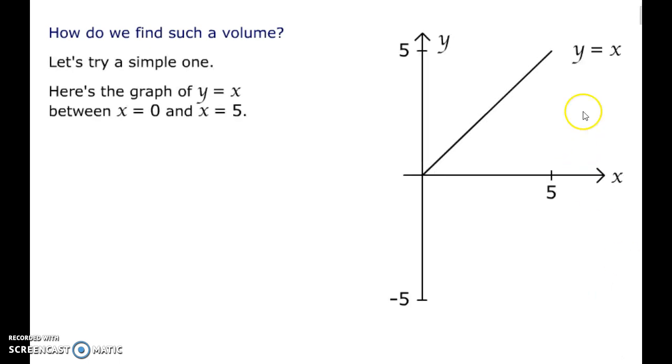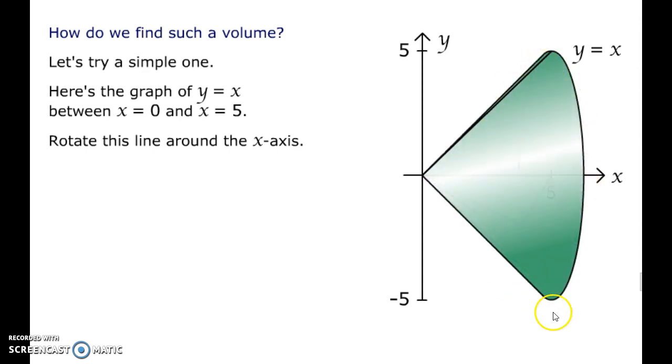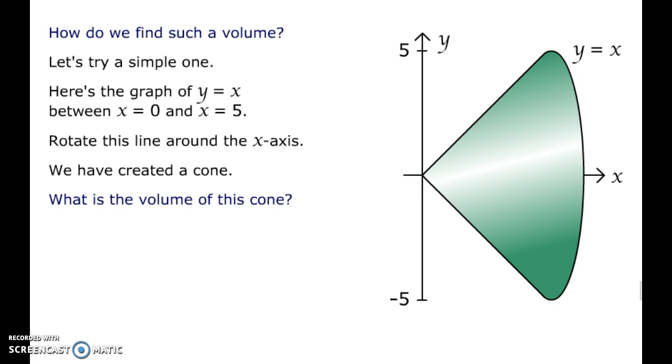Let's take a simple one, a straight line, y equals x from 0 to 5 maybe. Now if you rotate this line around the x-axis, can you guess the shape? Yes, exactly, it's a cone. The solid cone is formed. Now the volume of the cone is what? As you know, one third area of base times height.